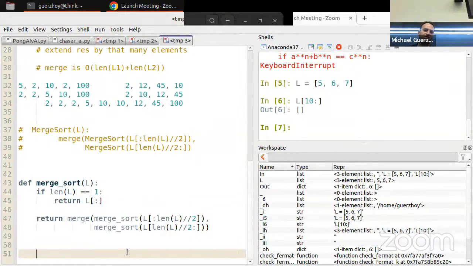So how do you come up with this kind of thing? This algorithm is traditionally attributed to John von Neumann, who invented most of computer science.